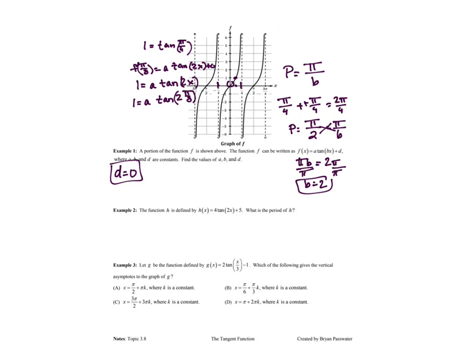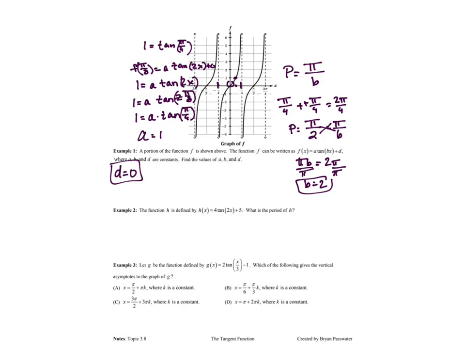So I'm putting pi over 8 in place of x and setting that equal to 1. What's 2 times pi over 8? 1 is equal to a times tangent of pi over 4. So if that's a true statement, what does a have to be? A must be 1.